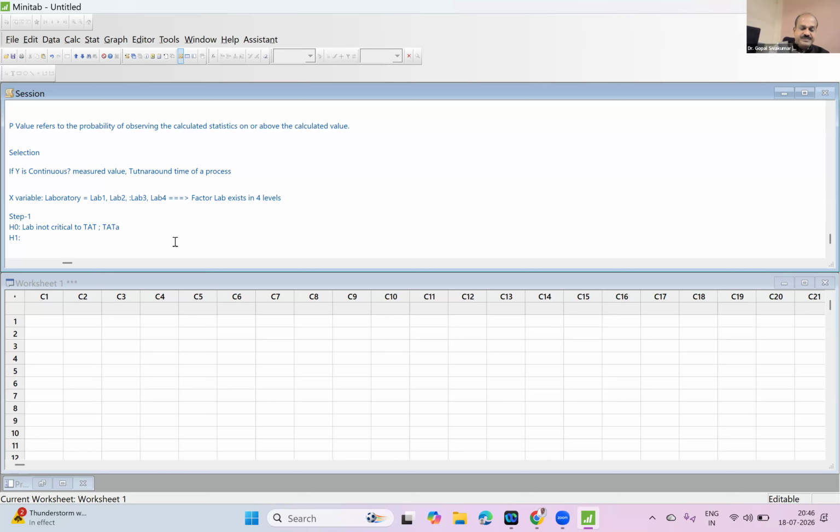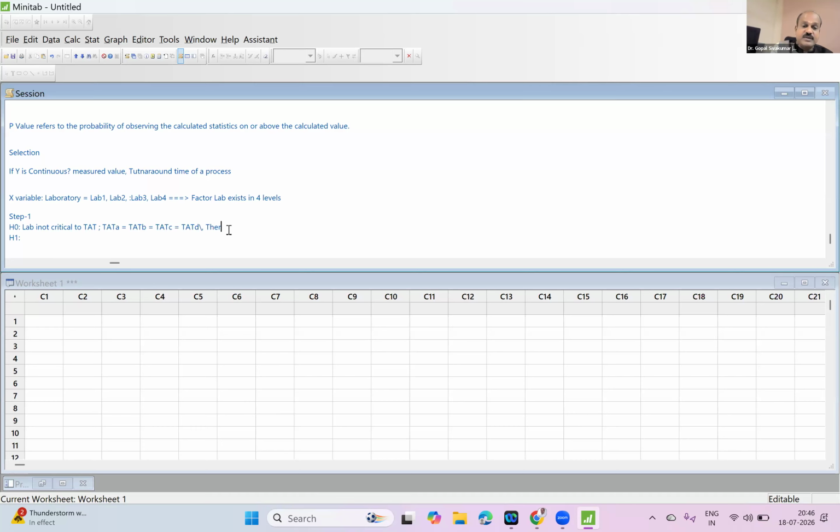That for A equal to that for B equal to that for C equal to that for D. What am I telling here by using the equal to symbol? There is no difference because of laboratories. Very good, excellent.